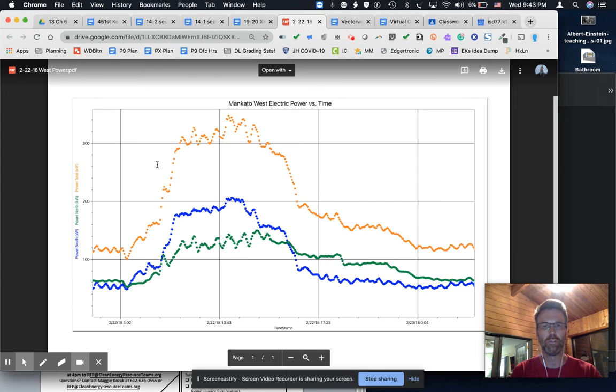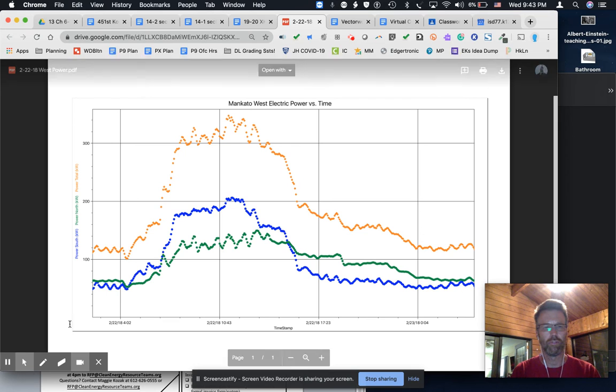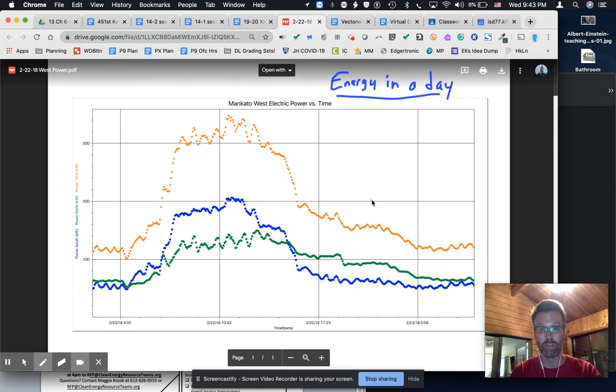What I would like for you to do is attempt to figure out from this graph what amount of energy was used in a day. Now, it's this particular day, February 22nd of 2018. I'd like you to use this graph to see if you can figure out the amount of energy that our building used in this day.